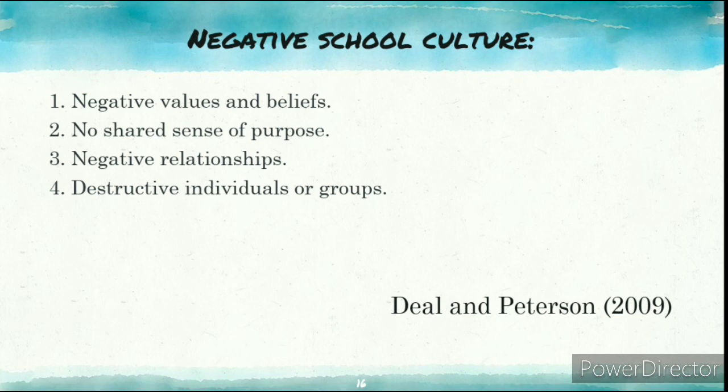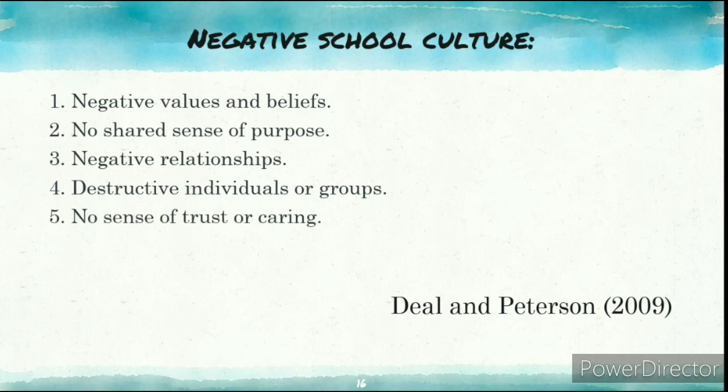One example of a destructive individual are the people we call naysayers. Rather than sharing positive feedback, they spread negativity. These people are negative storytellers, anti-heroes, and anti-heroines, where they create destructive criticisms.